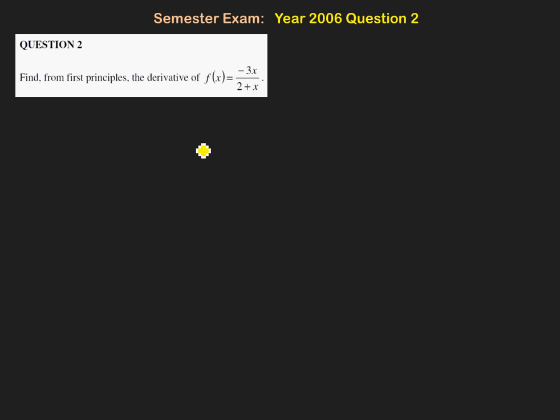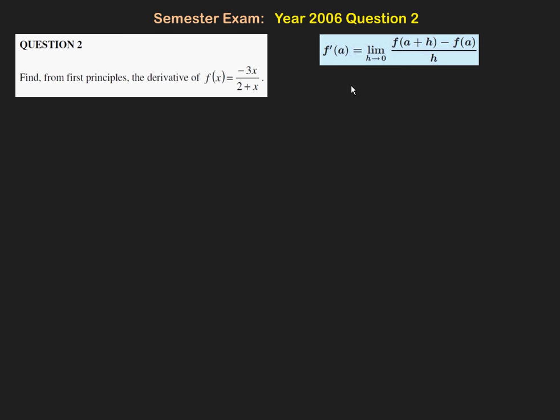Okay, second question of the 2006 paper, deriving this function using first principle. In case you've forgotten first principle, so here it is. I'm going to use this one, but with a little bit of tweak to the formula.